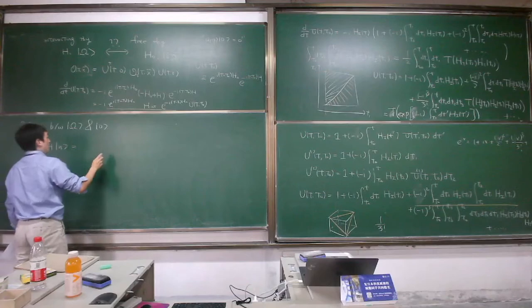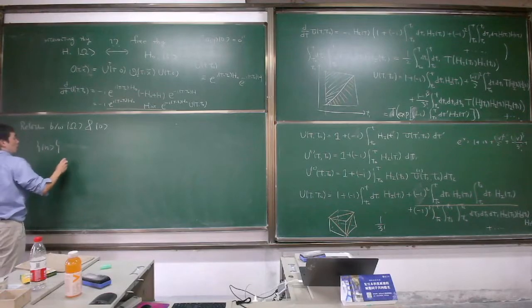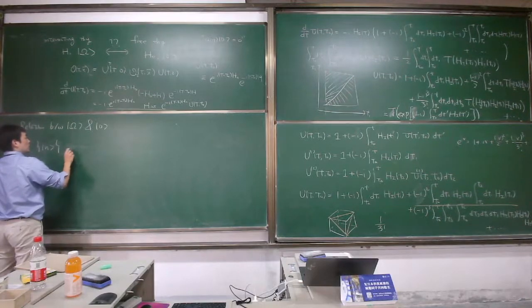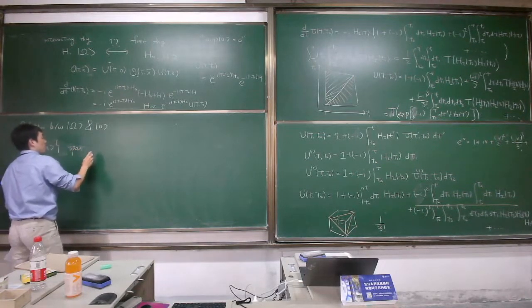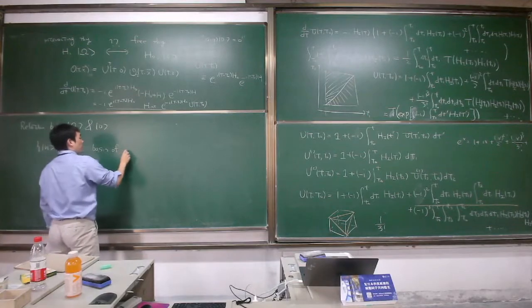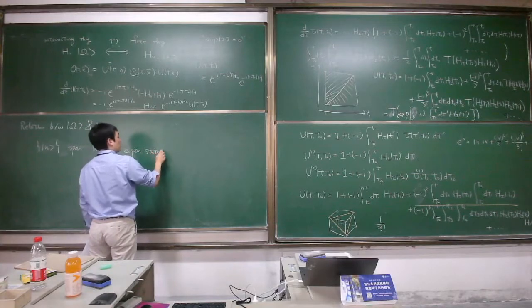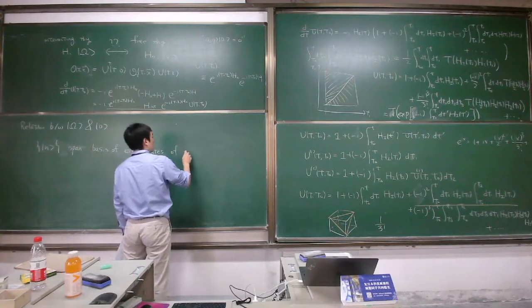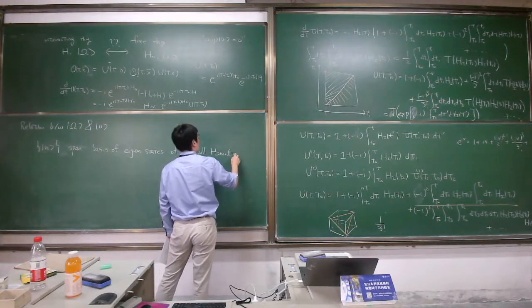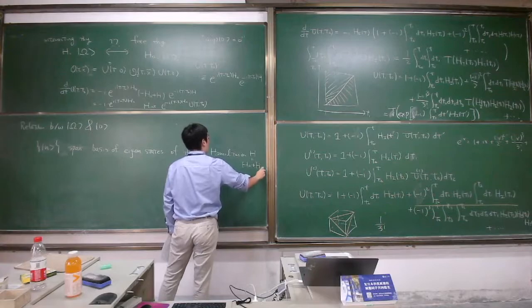So n is the basis of it. Whatever, |n> span the basis of the eigenstates of the full Hamiltonian H, which is H naught plus H int.